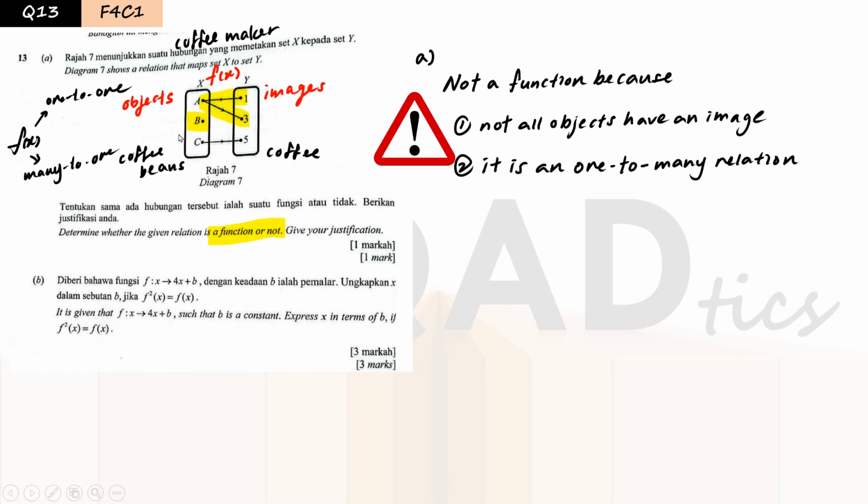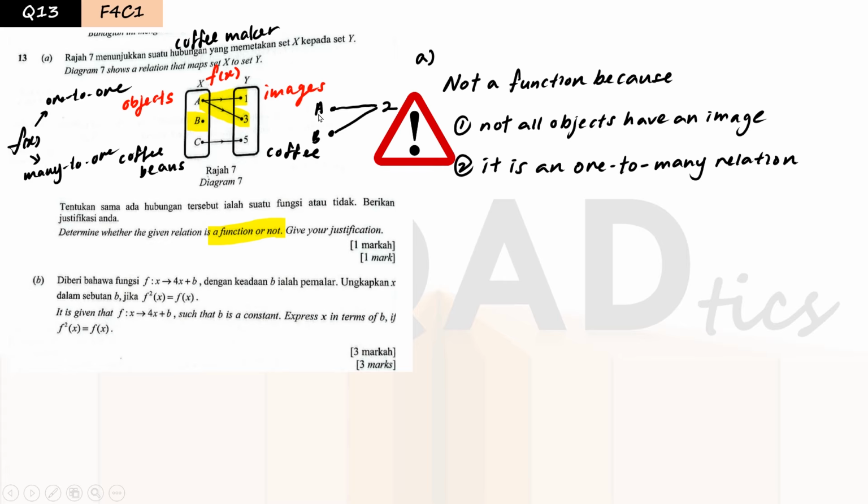For example, one-to-one is here: object C will produce image 5. This makes sense. Many-to-one also makes sense. Let's say we have this relation, A and B both going to 2.